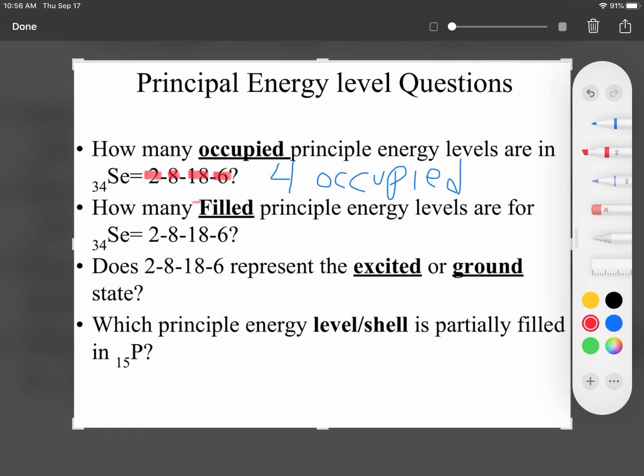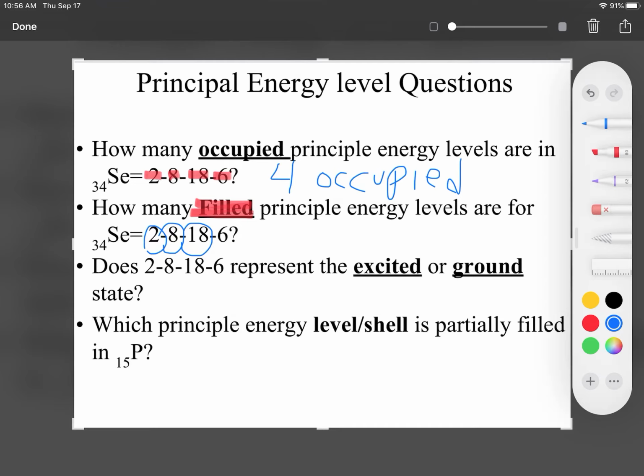Now, the next question, however, says, how many are filled? Now, filled means the max it can hold, right? So we just went over that before, guys. The max the first one can hold is 2. The max the second level or shell can hold is 8. The max the third one can hold is 18. Now, what was the max the fourth can hold?